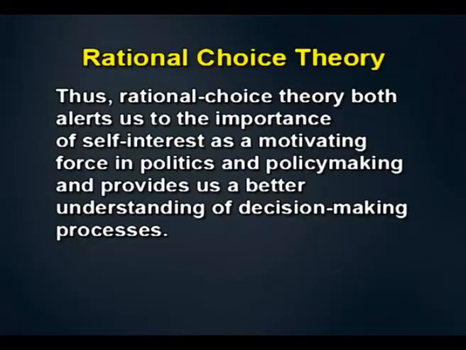In attempting to win elections, political parties moved towards the center of the ideological spectrum to appeal to the greatest number of voters and maximize their voting support. Thus, rational choice theory both alerts us to the importance of self-interest as a motivating force in politics and policy making and provides us a better understanding of decision-making processes.